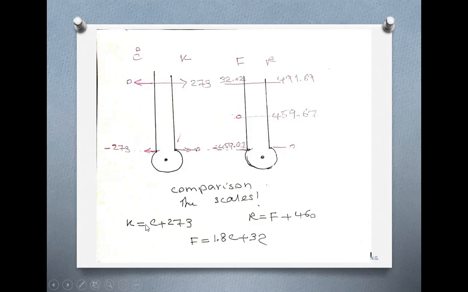We know Kelvin is centigrade plus 273. We just learned the conversion between centigrade and Kelvin. Centigrade plus 273 gives us Kelvin. So if it's 0 Kelvin, put 0 here. What is the centigrade? Minus 273. So absolute 0, 0 Kelvin, is equal to minus 273 centigrade.